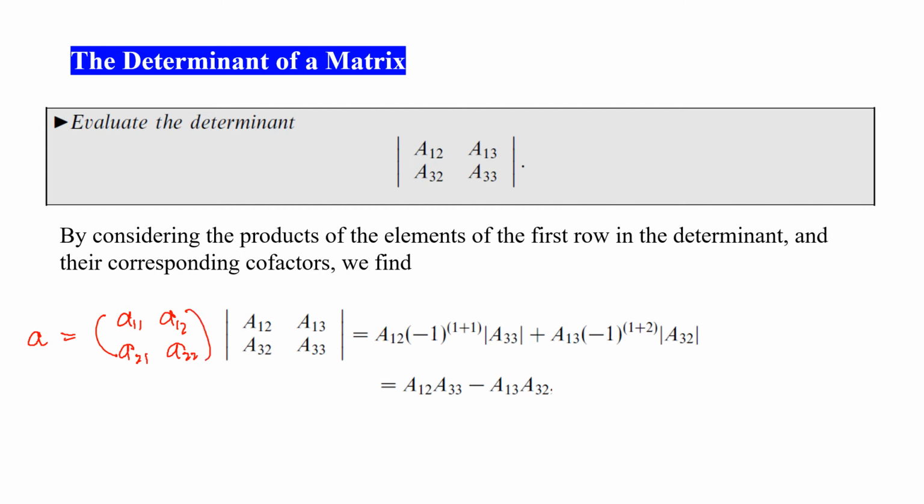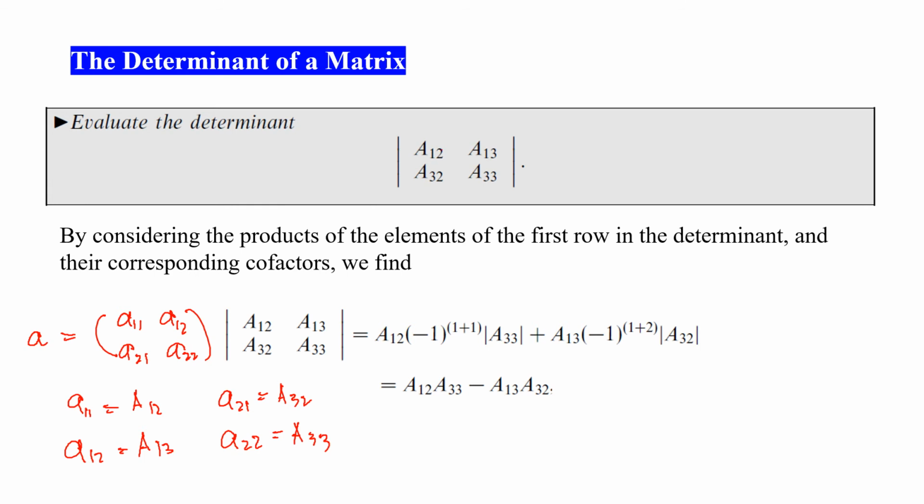Okay, and let's say that your A11 is equal to a12, your element A12 is equal to a13, your element A21 is equal to a32, and then your element A22 is equal to a33.